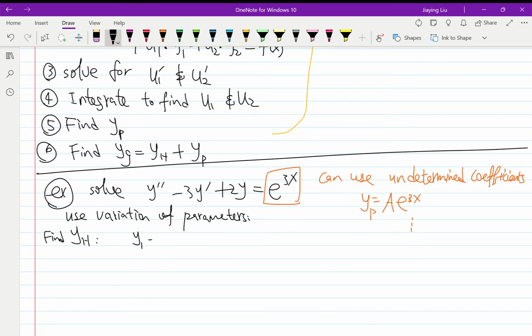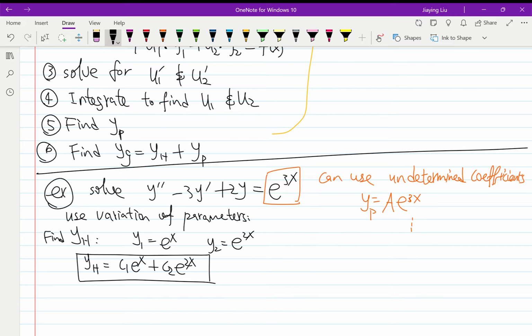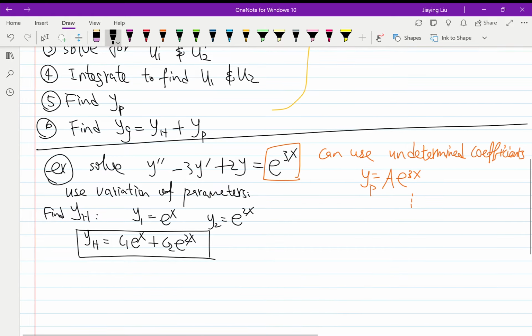So y1 will be e to the x, y2 is equal to e to the 2x. Therefore, the homogeneous solution is c1 e to the x plus c2 e to the 2x. Like I said, I'm skipping quite a bit of work there. If you don't feel comfortable, it will be some practice for you to work out the process.